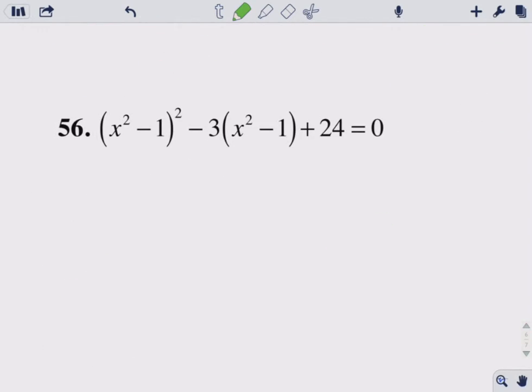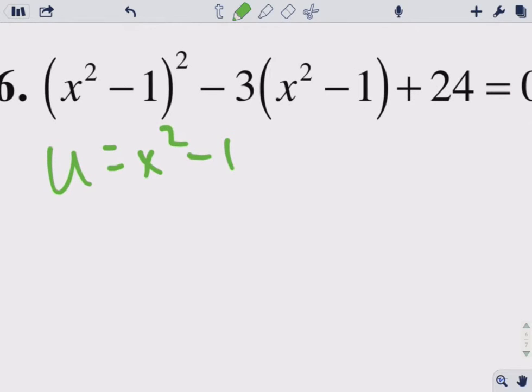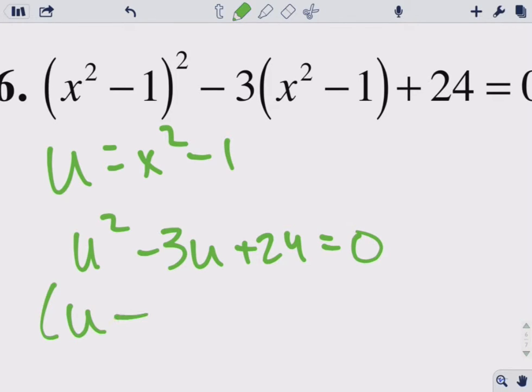Last problem. U is equal to x squared minus 1. Okay, so I'll get u squared minus 3u plus 24 is equal to 0. That's u plus... No, is that factorable? Oh, no, I wanted to change this problem. I said this was wrong in class. This needed to be 11. Okay, which makes our life a little bit easier. Remember, 11u.